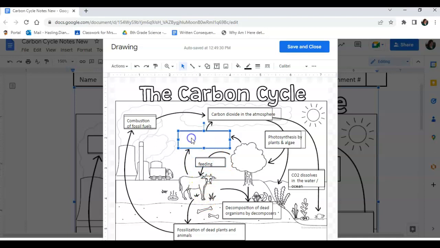And the last part here is that notice they're showing carbon being released from the animal and from the plants. This is going to be cellular respiration by animals and plants. Remember, they both perform this process. That's going to send carbon dioxide back into the atmosphere.